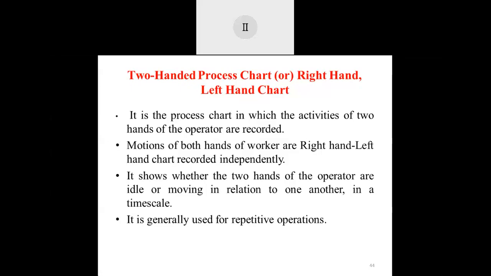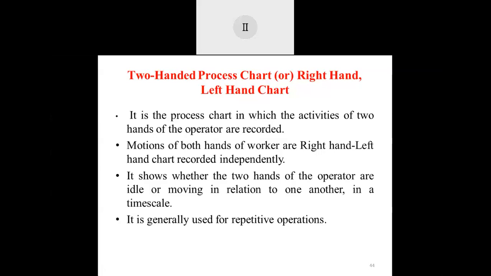The motions of both hands of the worker are recorded independently in the right hand left hand chart. As we all have two hands, suppose you are a worker, I am a worker, our two hands' movements will be recorded independently. Independently means at the same time we will record what our left hand is doing and what our right hand is doing.